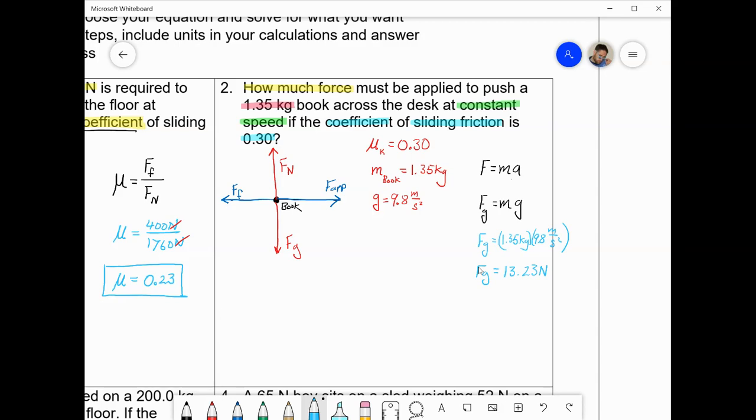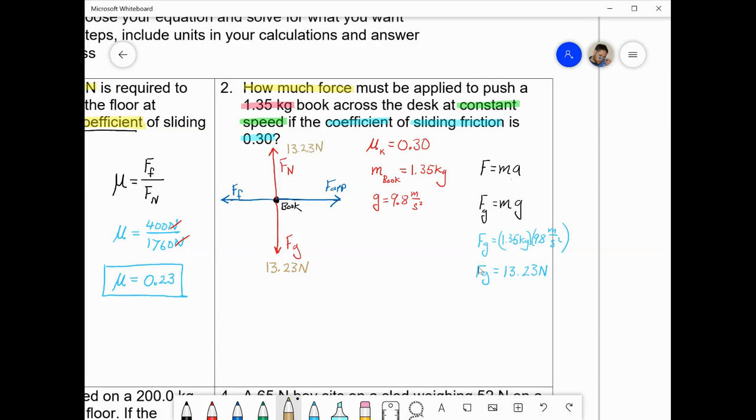This is almost like an aside, like a piece that I'm looking at. But I can actually use that over here in the problem now to plug in some things. I can say that the force of gravity now is equal to 13.23 newtons. And if the gravity here is 13.23, then my normal force, because it's not being sucked down into the table or thrown up into the air, is also 13.23 newtons.